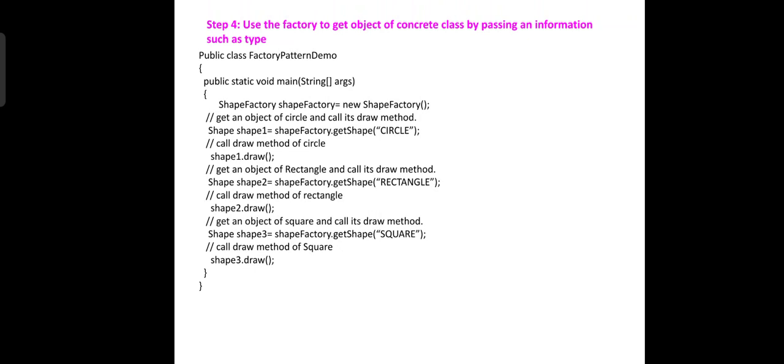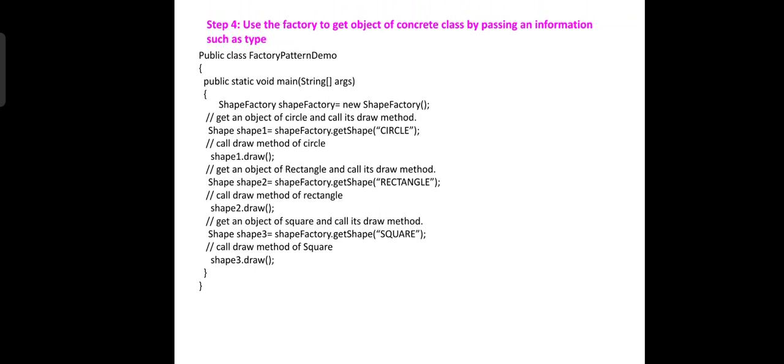So shape1 equals shapeFactory.getShape is used to get an object of a circle, or an object for the specific type. So shape1.draw is the method which is called for drawing a circle. After that get an object of rectangle and call its draw method.